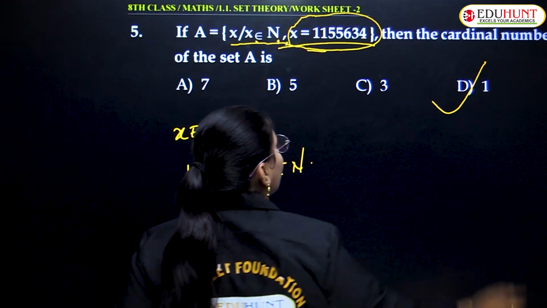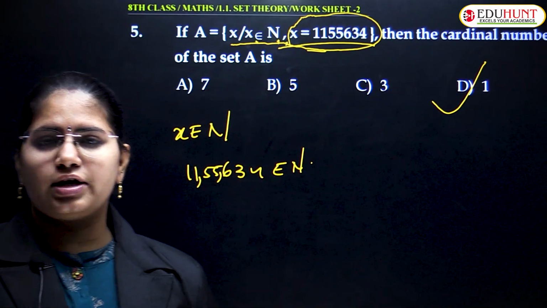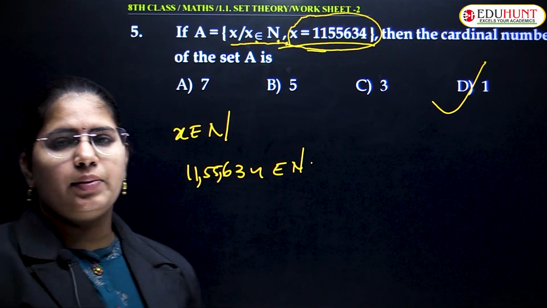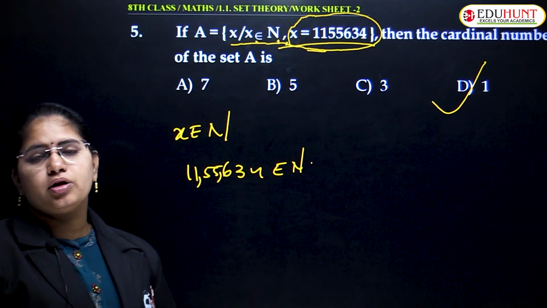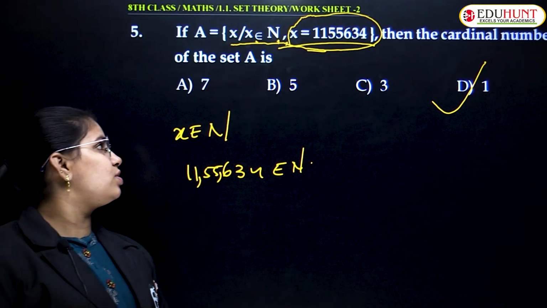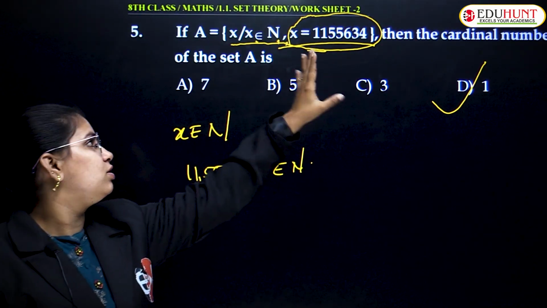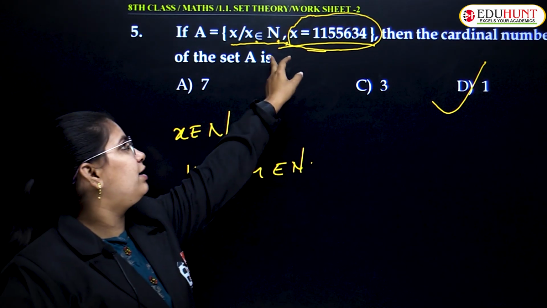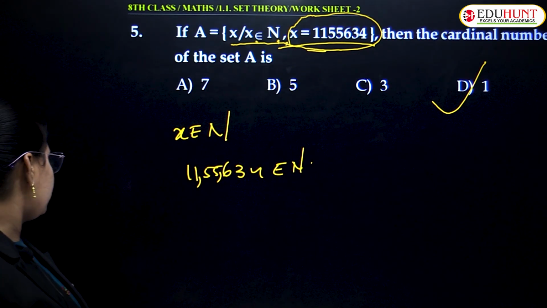The cardinality of the set is 1. Am I clear with this question? You have to take such a type of answer, where x is a natural number and x should be this one. So the cardinality of this is 1, right? Yeah. So can I get back to the next one?